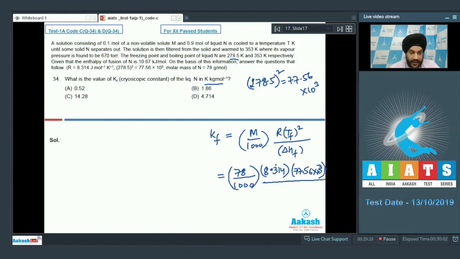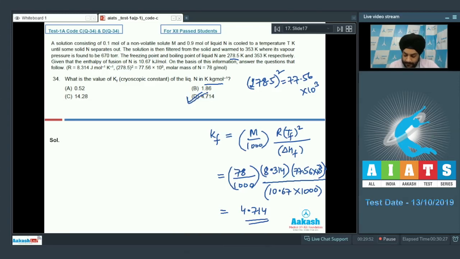The value of delta H fusion given to us is 10.67. But the delta H is given in kilojoule per mole, students, so we have to multiply another factor of 1000 over here. On simplifying this, we get the value of Kf equal to 4.714. So for this question as well, students, we have to mark the correct answer as option D.